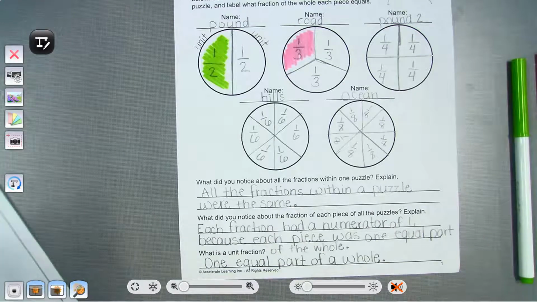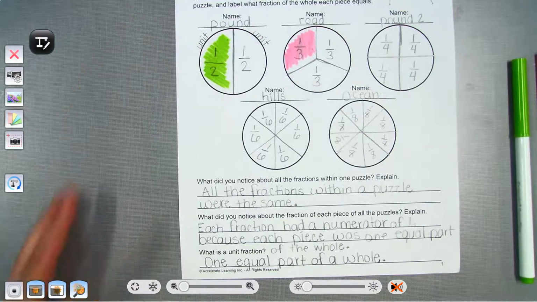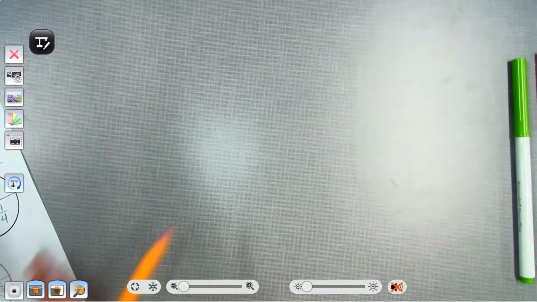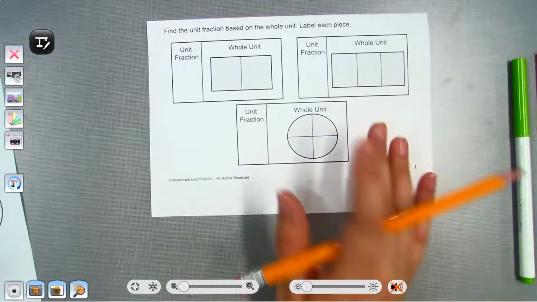Okay? So what I'm going to have you do is I'm going to give you some pictures. If we said that a unit fraction is one equal part of a whole, I'm going to post these up.